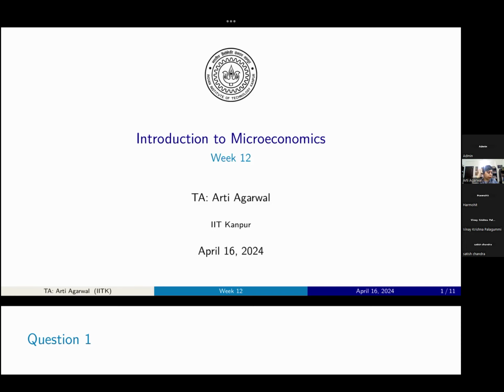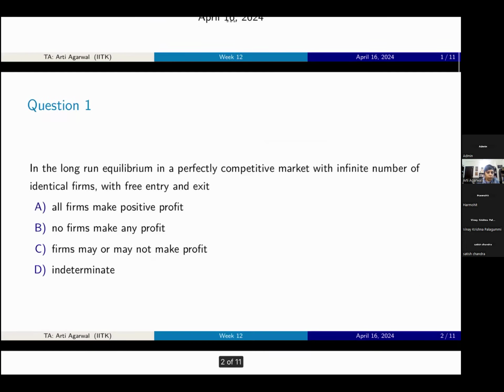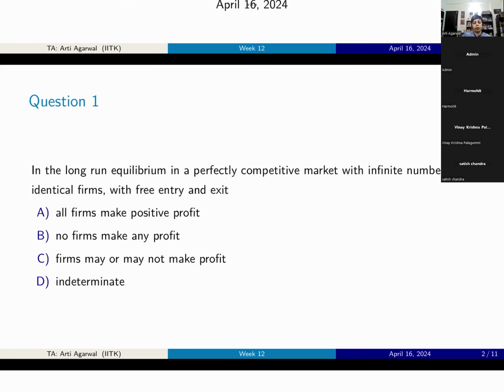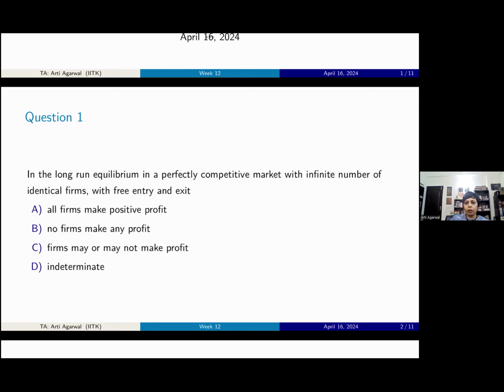Now we come to the long run, and one of the most important features of perfect competition is that it is marked by free entry and free exit.